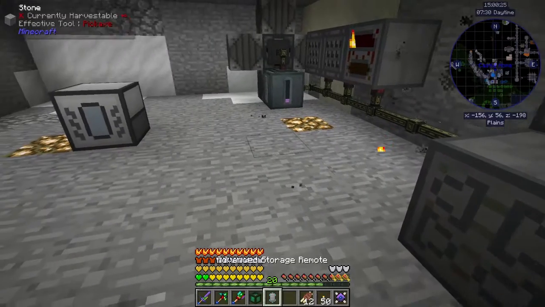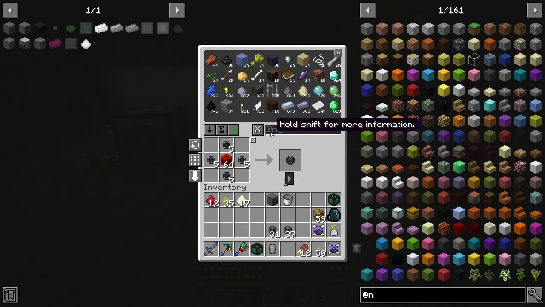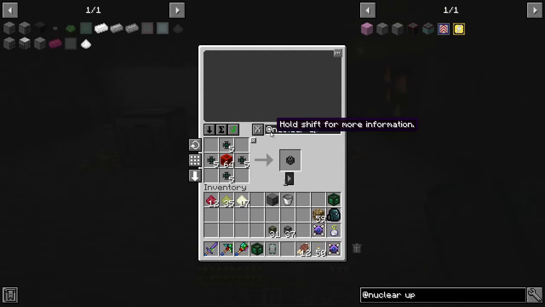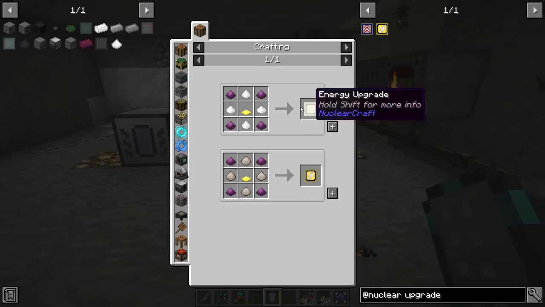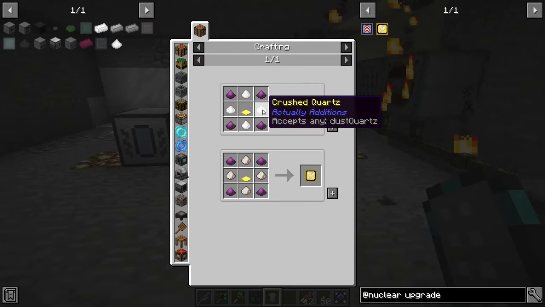Alright, so let's go back to what do we need for this? Pulverized obsidian and nether quartz. Crushed quartz. Any crushed quartz.